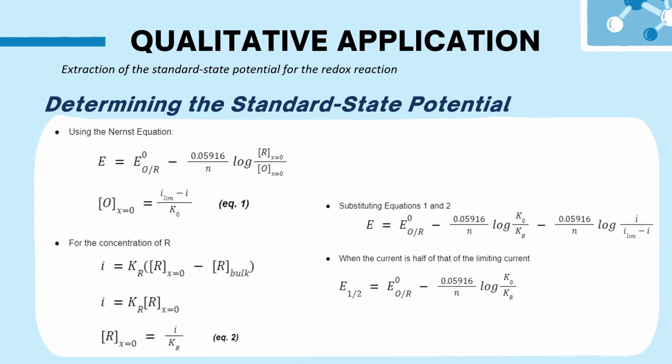Voltammograms can also be used for qualitative applications, such as by determining the standard state potential for the redox reaction.